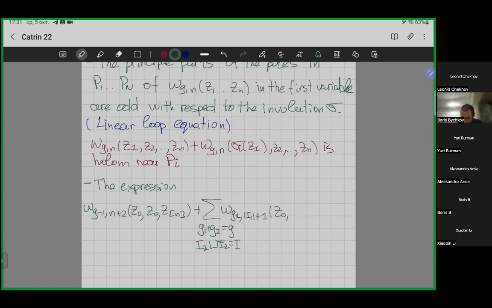But with z1 times omega g2 plus 1, z0, z2.